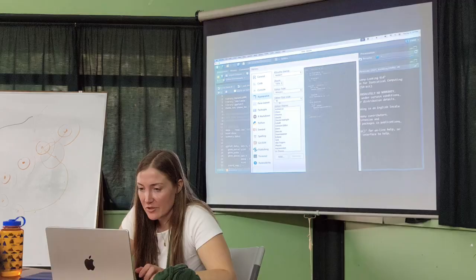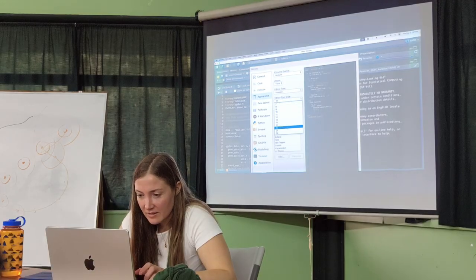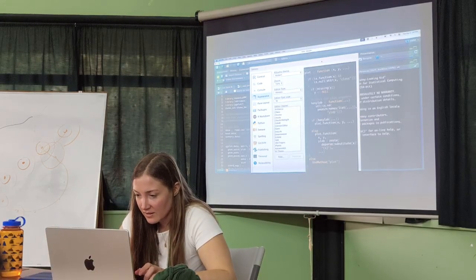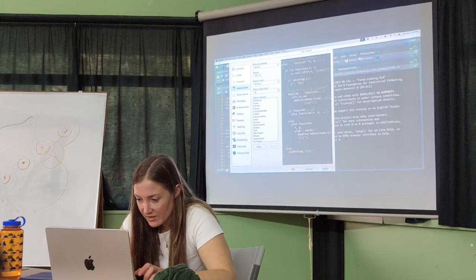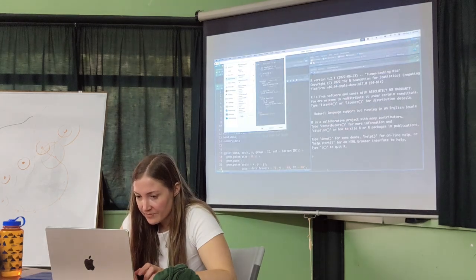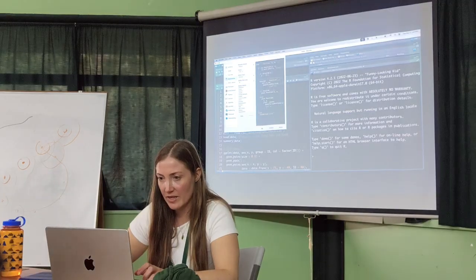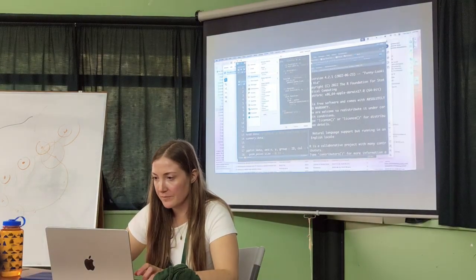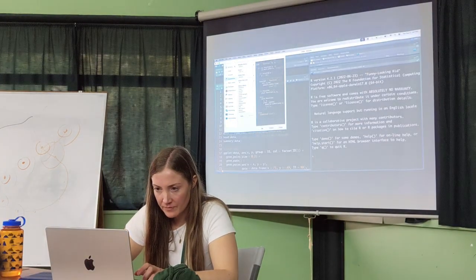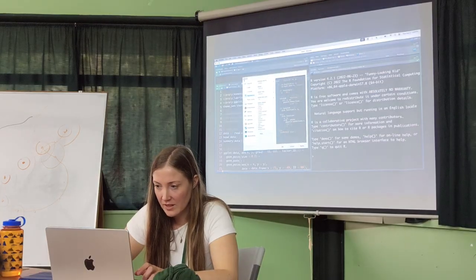Let me play with this for a second. Where's the bottom of this? There we go. Because then everything else isn't huge, it's just the code that's big. I can't drag this.